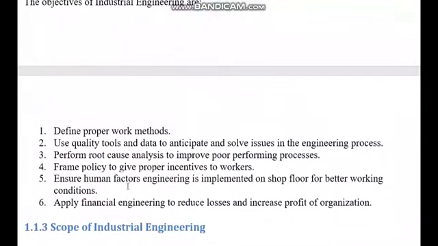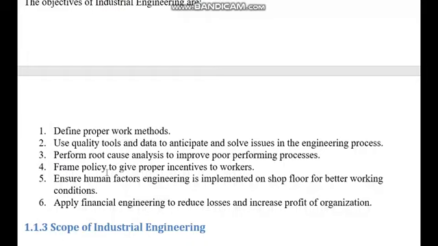Define proper work methods, use quality tools and data to anticipate and solve issues in engineering process, perform root cause analysis to improve poorly performing processes. That means you should be able to find out what is the root cause. If something is going wrong, some component is not getting manufactured properly, so what is the root cause? You have to do analysis.